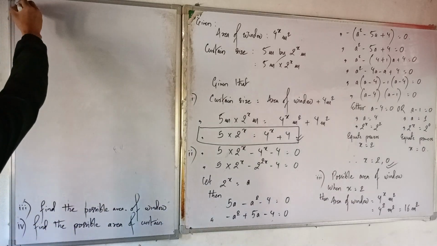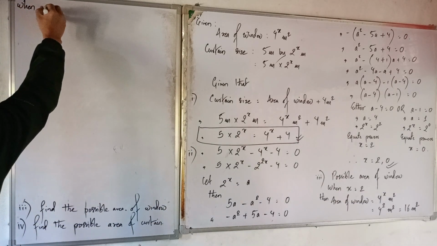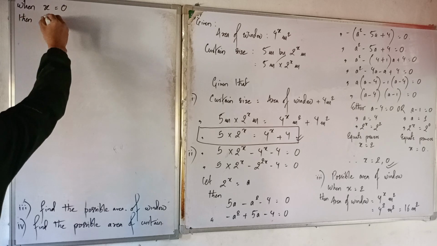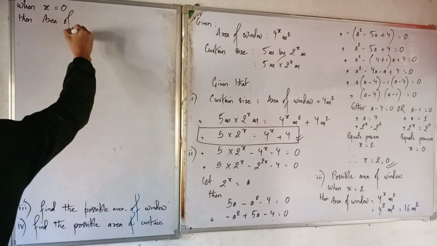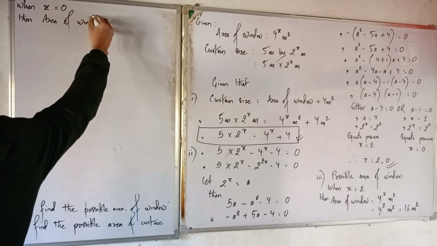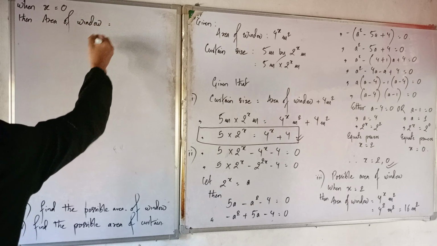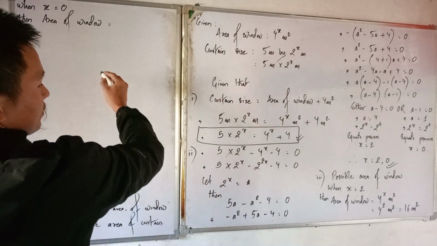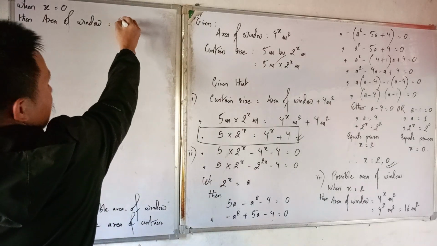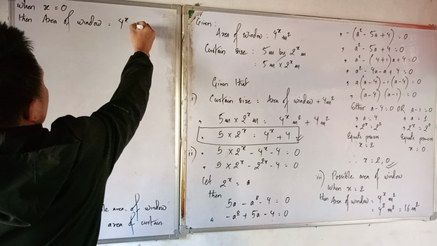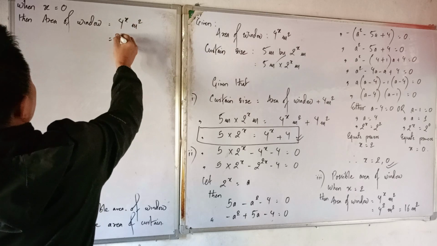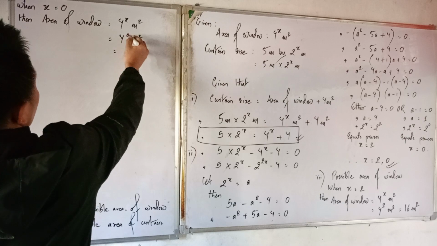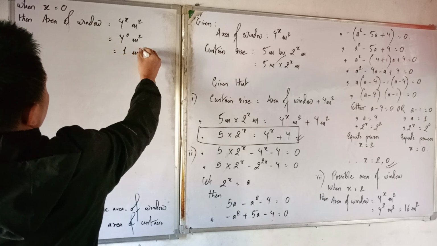But when x equals 0, then area of window will be, just substitute the value of x by 0, 4 power 0. So 4 power 0 means 1 meter square.